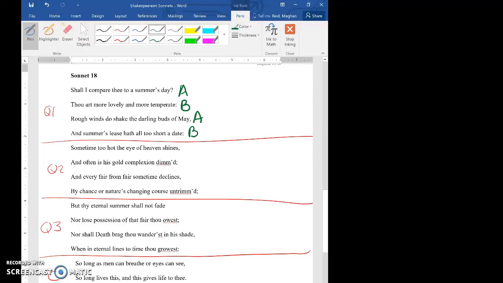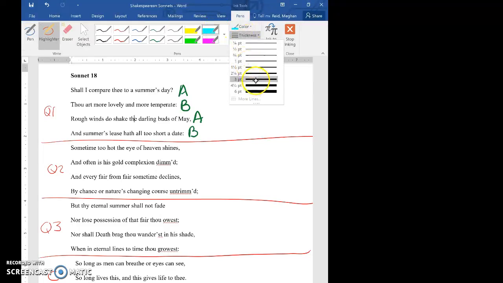Now, a slant rhyme is basically words that may not actually rhyme, but they're close enough in structure that we actually consider them to be rhyming. So let's take down this definition. Now, having this similar structure is important because this allows us to say, you know what, Shakespeare, it's okay.